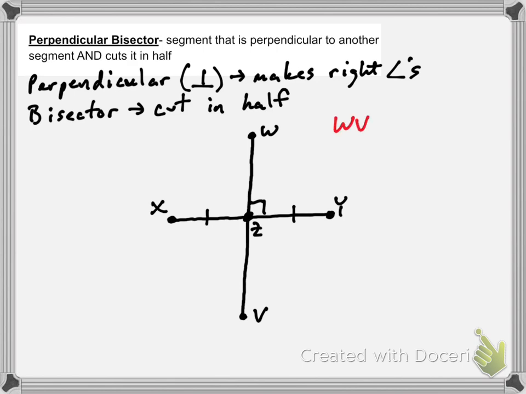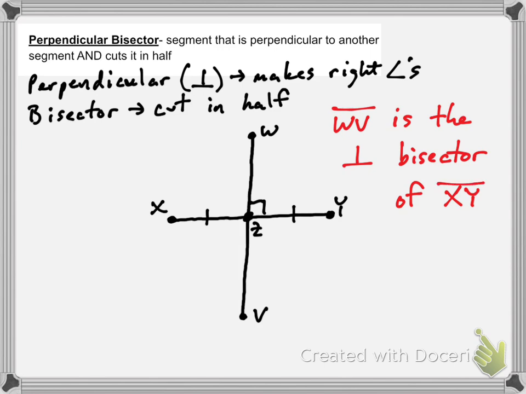WV is the perpendicular bisector of XY. In other words, WV is perpendicular, and it takes XY and cuts it in half. So XZ is congruent to ZY. That's a perpendicular bisector. Just think of what perpendicular and bisector mean.